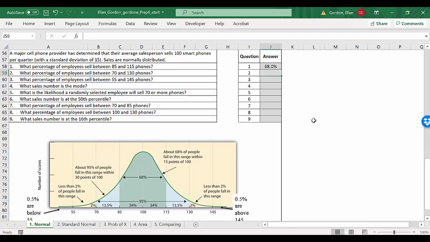What percentage of employees sell between 70 and 130 phones? You can see that the chart for the empirical rule states that about 95% are from 70 to 130. That's because 70 to 130 is 2 standard deviations below to 2 standard deviations above the mean.